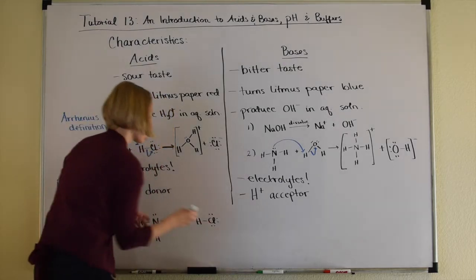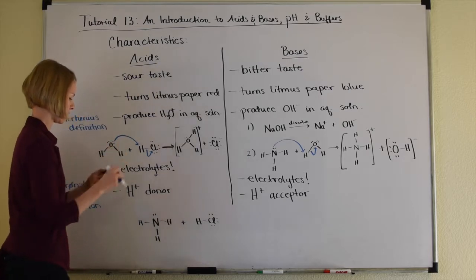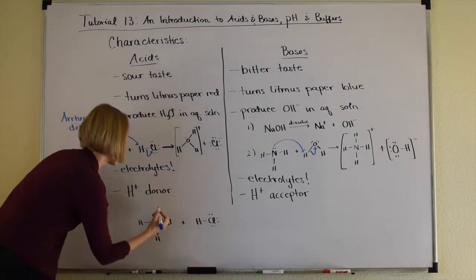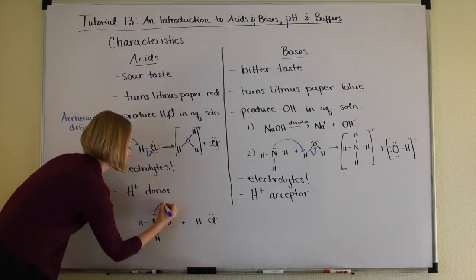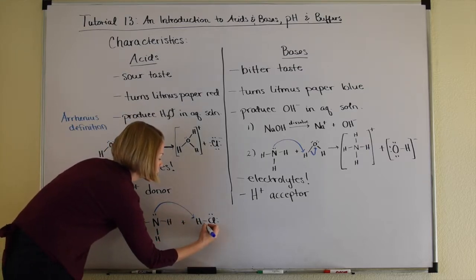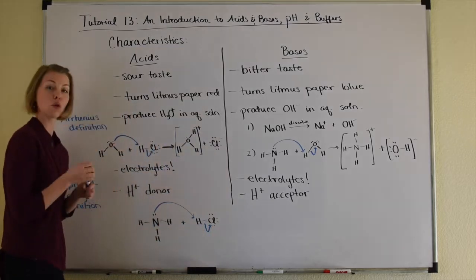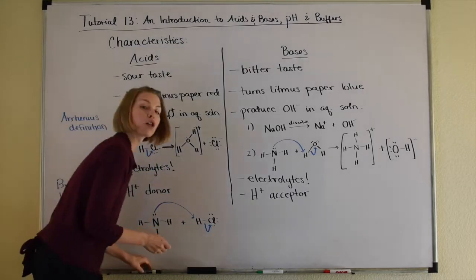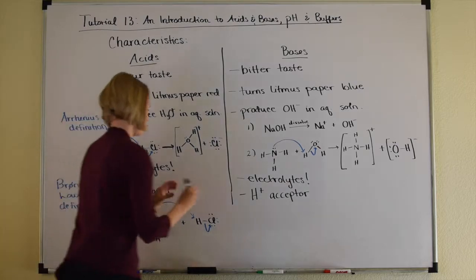So let's go back to our blue pen and indicate the electron flow here. You're going to have this lone pair of electrons picking up the acidic hydrogen. The electrons here are left behind on the chlorine atom to create a chloride anion.